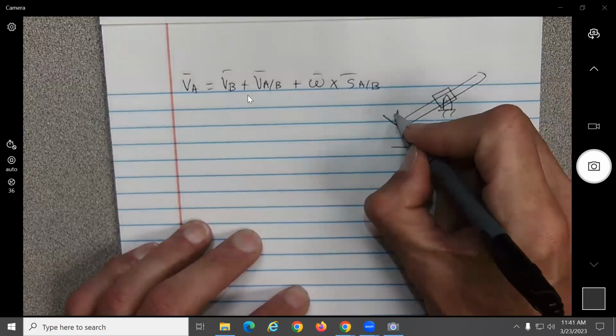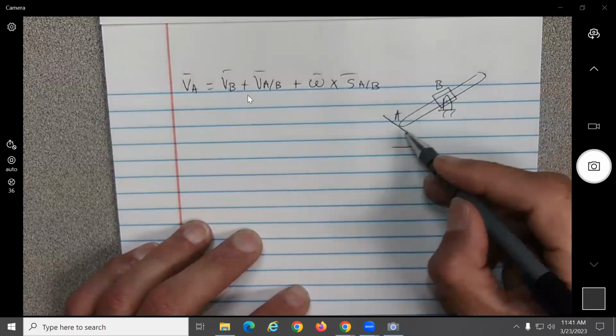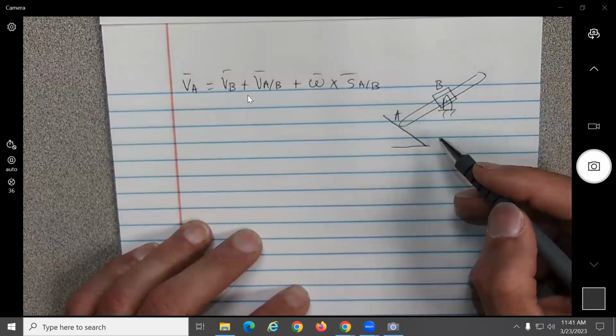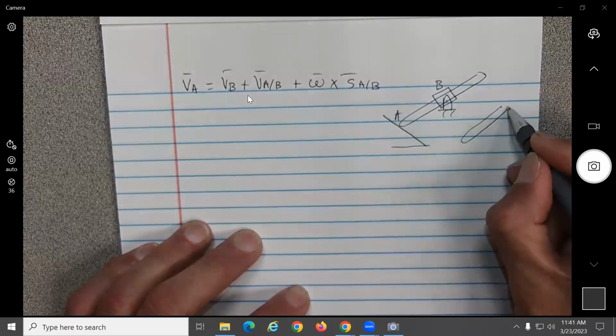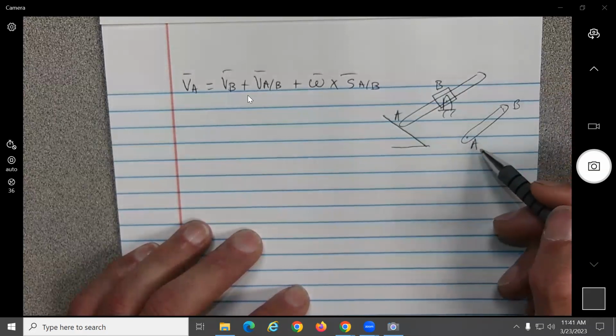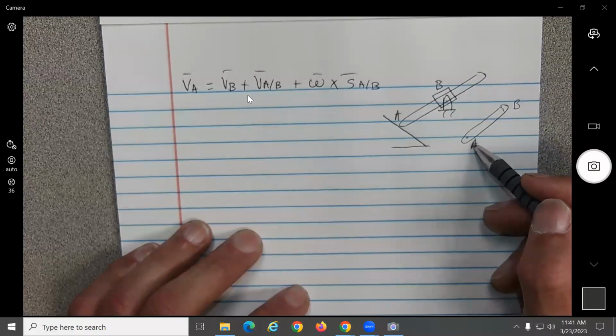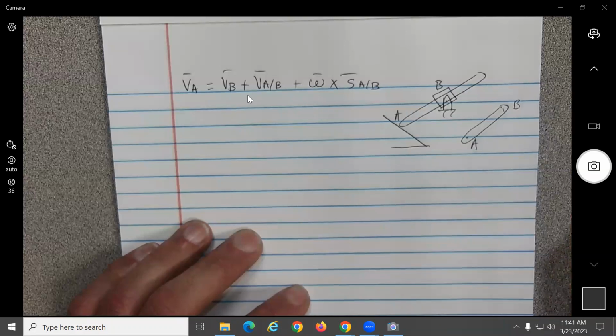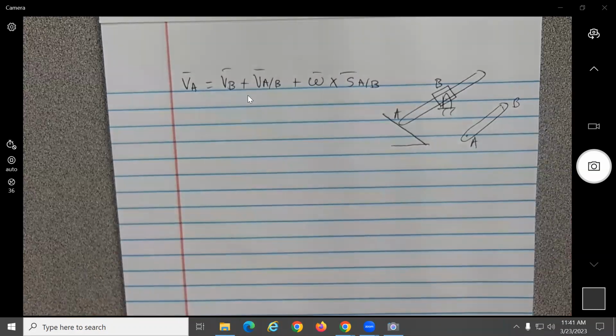Let's say this is A, this is B. The distance between A and B is not constant as this is moving. It's not like having one bar where you have A, B, correct? So there is no relative motion between A and B, no? If this one goes 1 meter to the right, this one goes 1 meter to the right. They will do exactly the same thing.